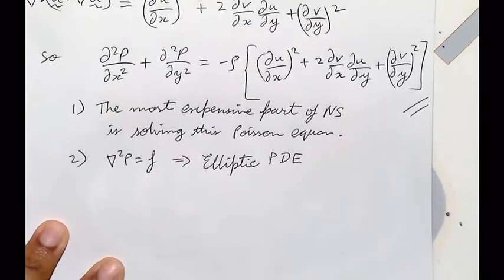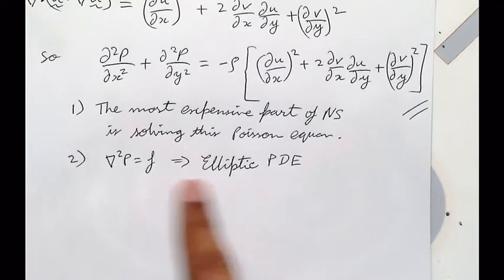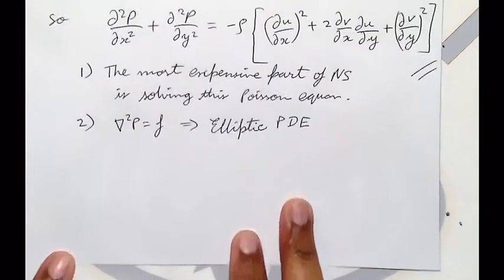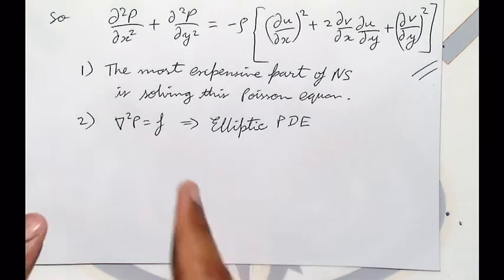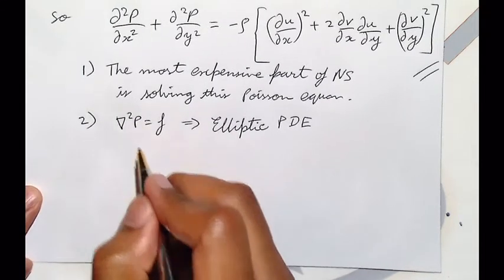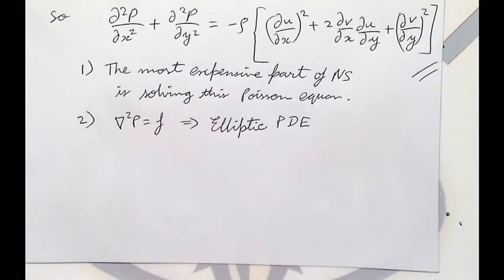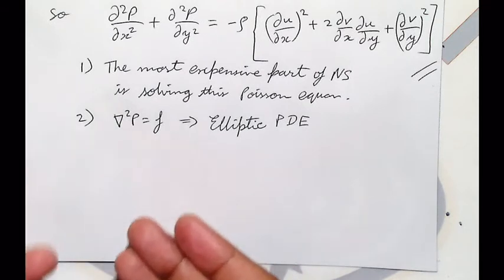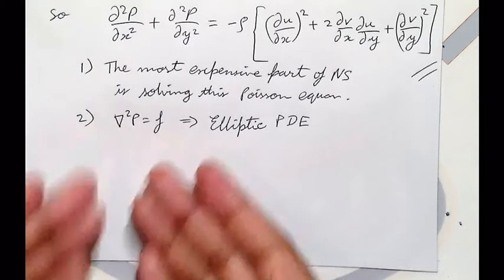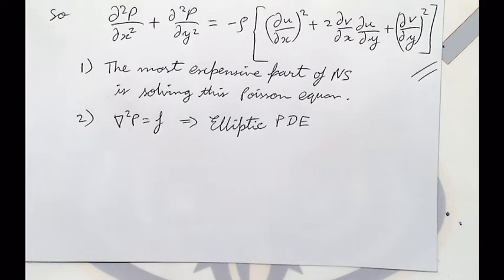If you go back a few lectures, you can check the definition of elliptic. And we know that the solution of P here changes very violently if you disturb any point, even very slightly.